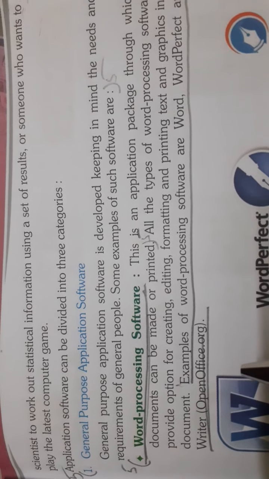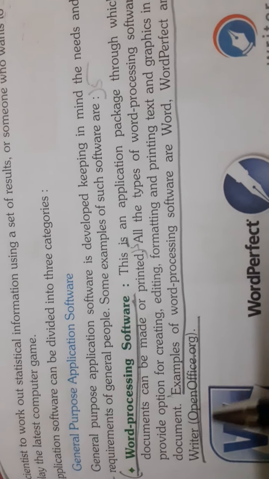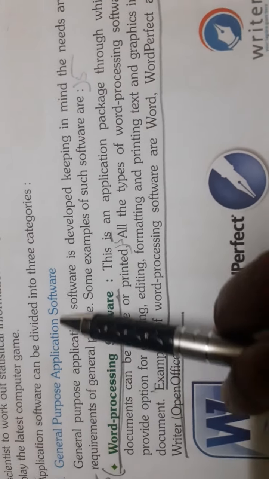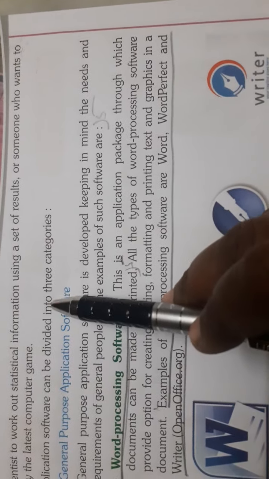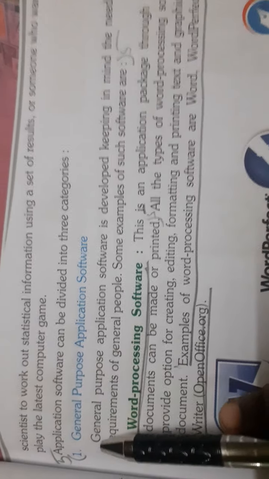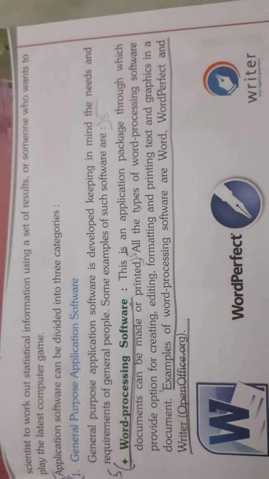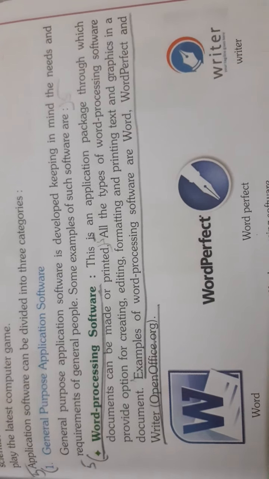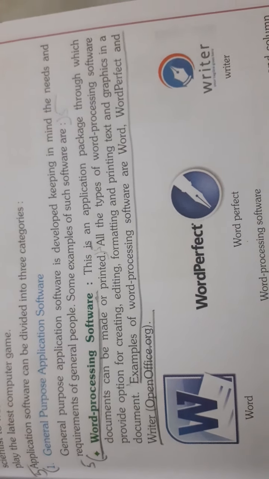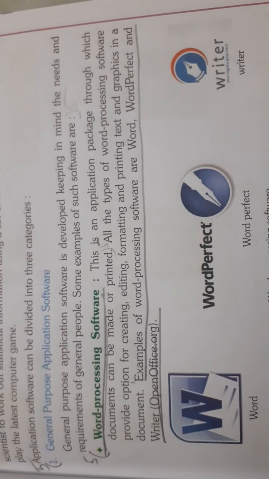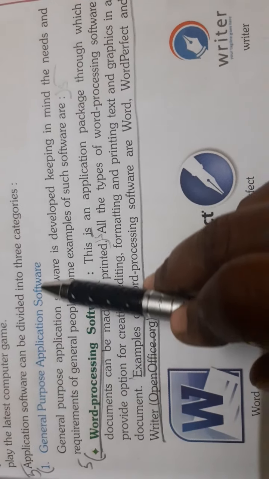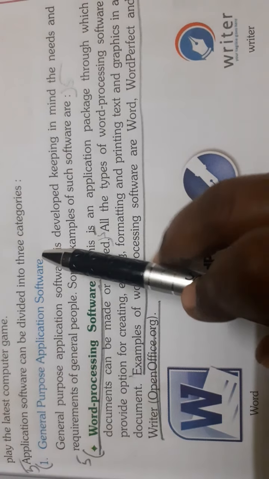These application softwares are again divided into 3 categories, children. Those are general purpose application softwares, special purpose application softwares, and bespoke application software. I already told, no. Again, this general purpose application software is divided into 5 types.